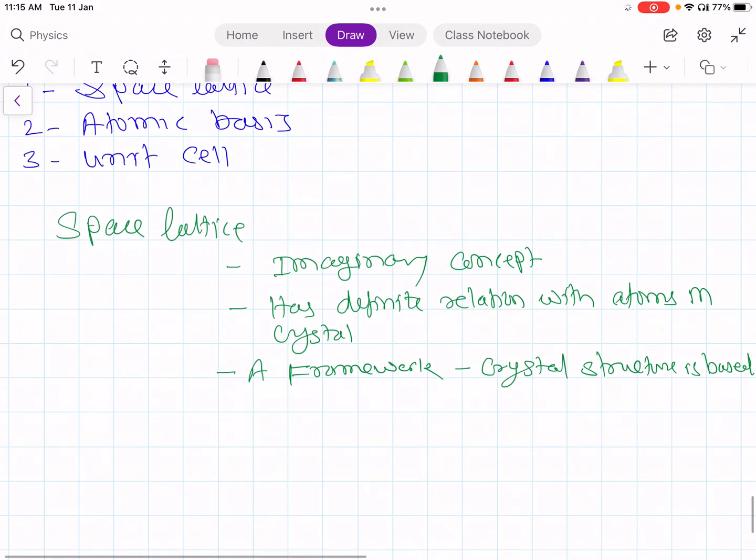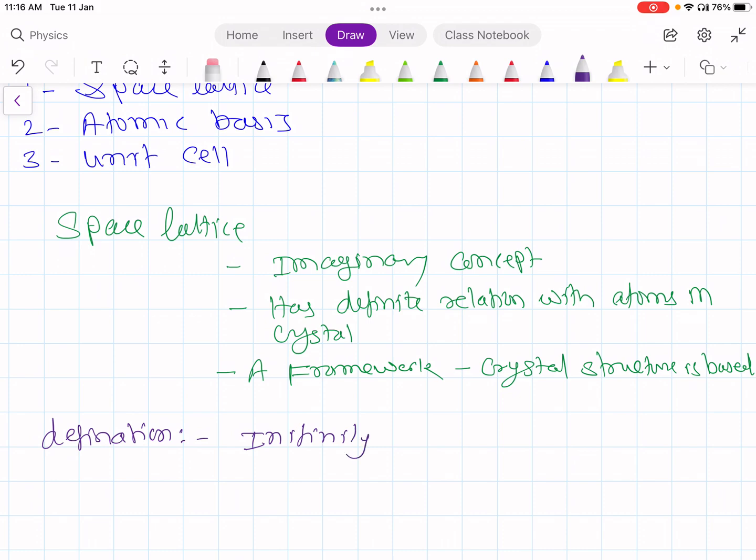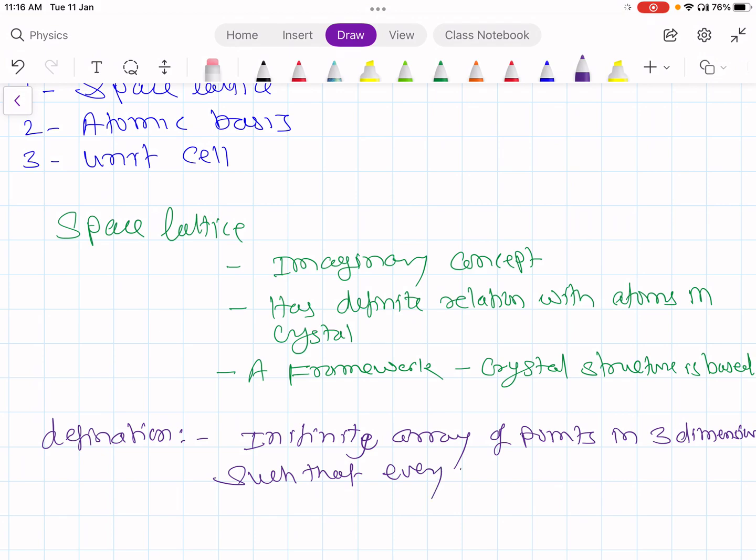So first let us define the concept. It is defined as an infinite array of points in three dimensions such that every point in it has identical surroundings or environment.